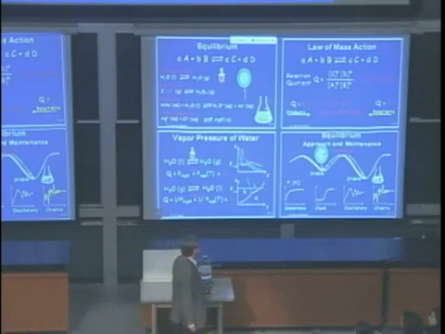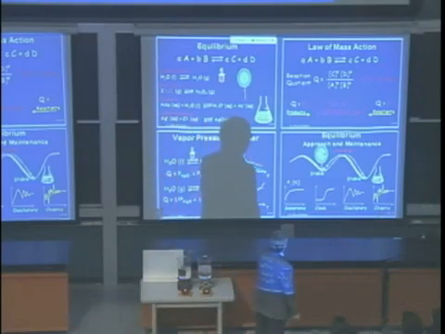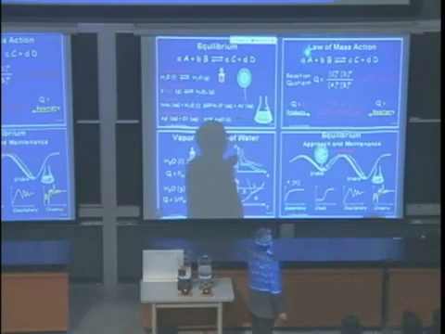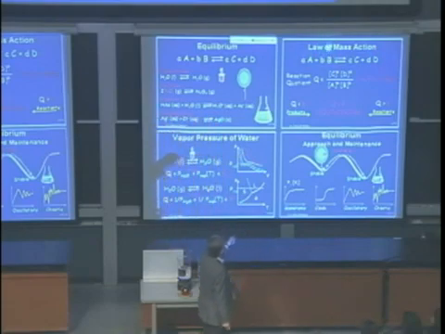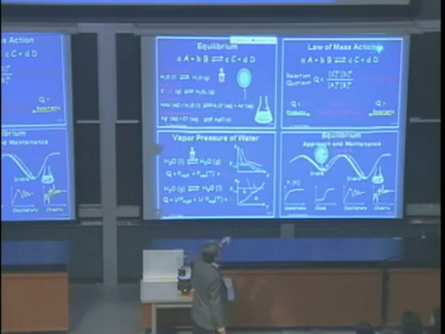So the law of mass action is nothing but a quotient. That's the quotient you form between the product and the reactants.